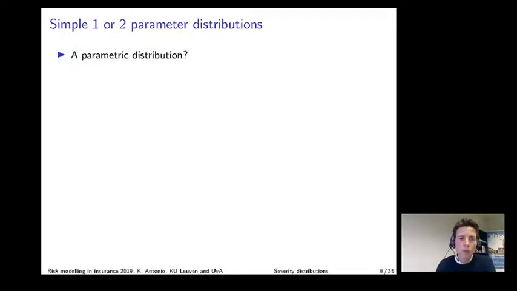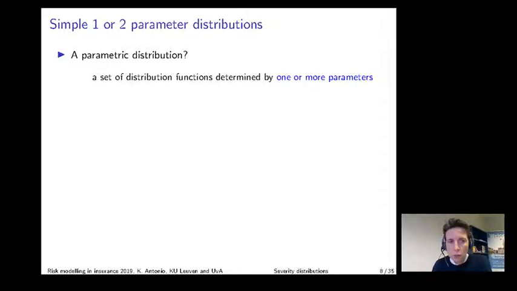Now, as promised, you will start with simple parametric distributions useful when building models for insurance losses. And a parametric distribution is a set of distribution functions determined by one or more parameters, the number of parameters being fixed and finite.